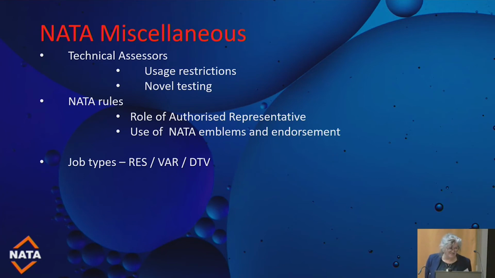So there's lots of actual travel involved. Most technical assessors have usually come back and have had a good time. We are always after technical assessors for novel testing, for new testing, and we rely on the college a little bit to help us with this.